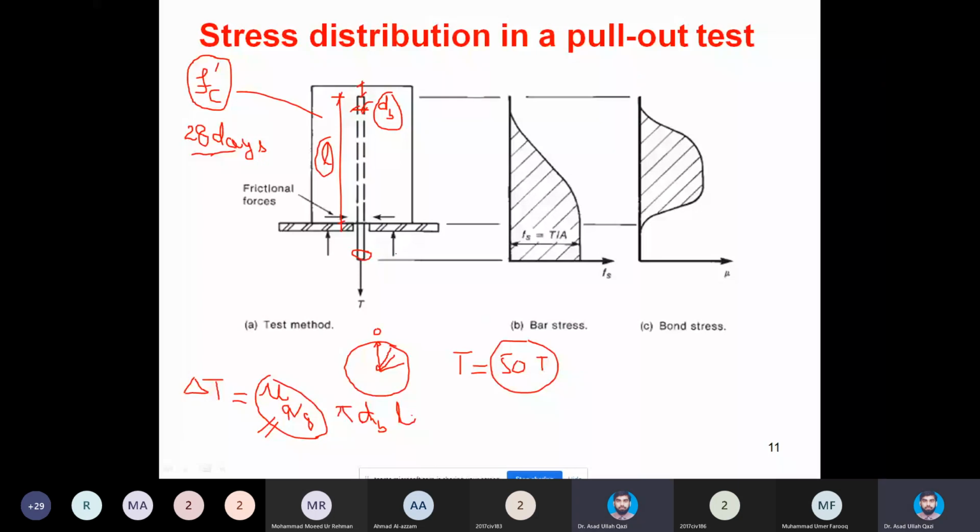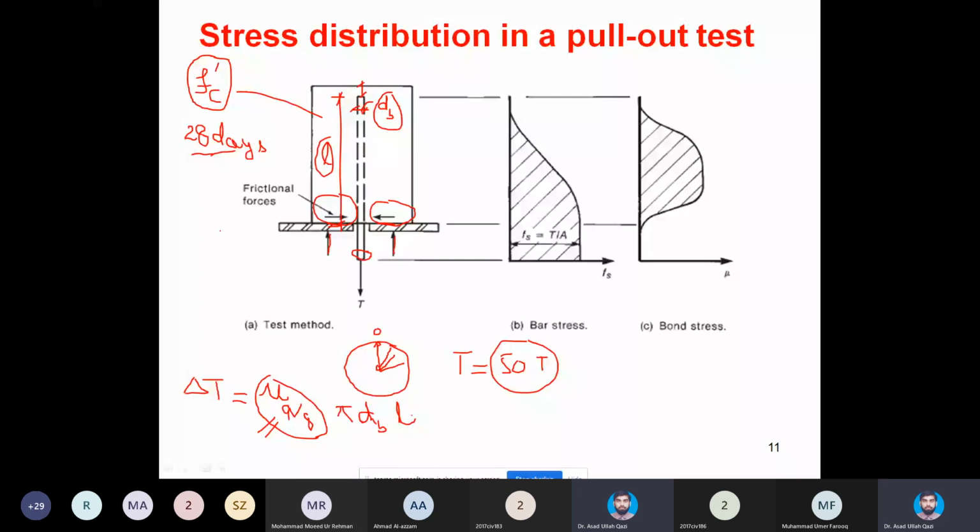There are some demerits, because in this case you are pulling the steel while the concrete at the interface between the plate and the cylinder has a frictional component. Moreover, the bearing on the plate is causing compressive stress over here, bearing compressive stress. This frictional component will not let the concrete dilate.